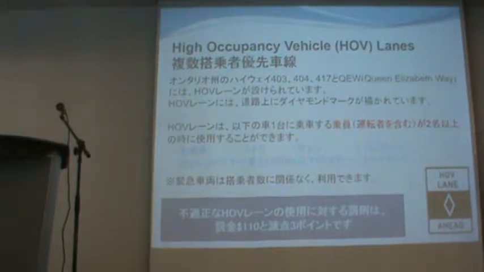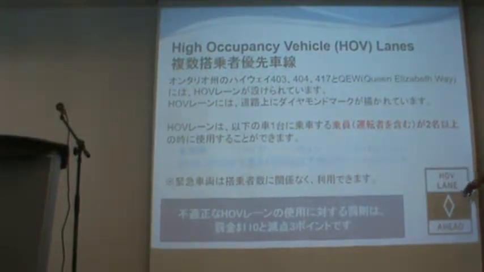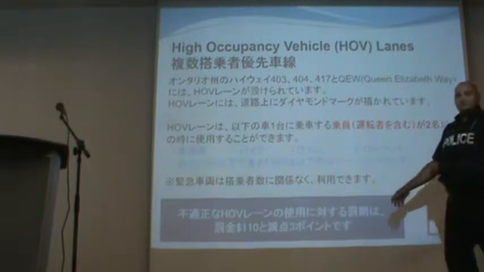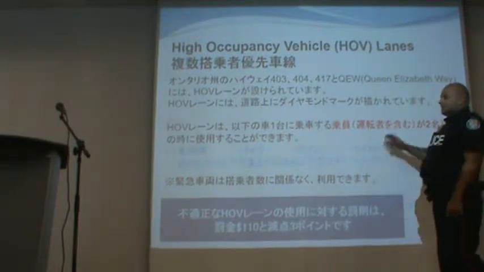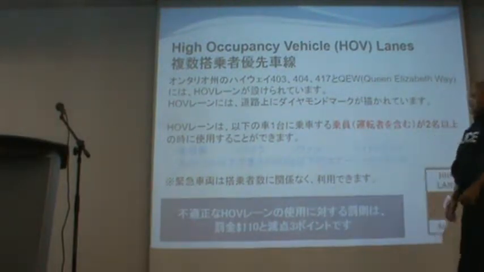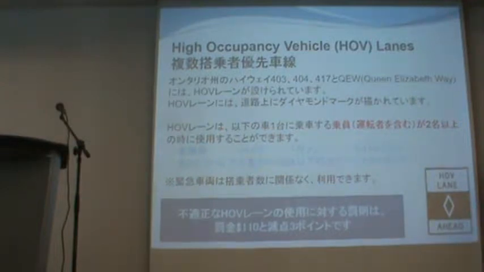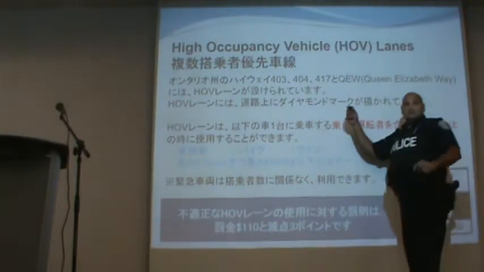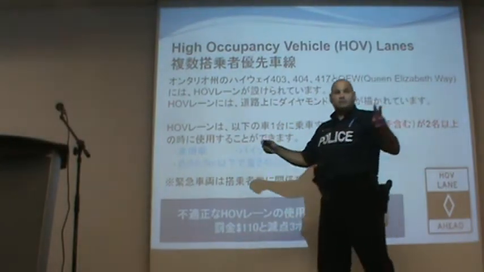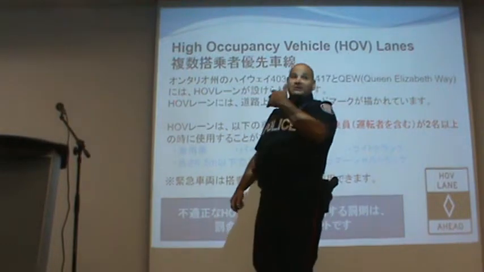I'm not going to spend much time on HOV lanes because Toronto police do not deal with the HOV lanes, especially on the highways, so these are more for highways. You need at least 2 people in the car, and you must enter and exit where it's accessible.